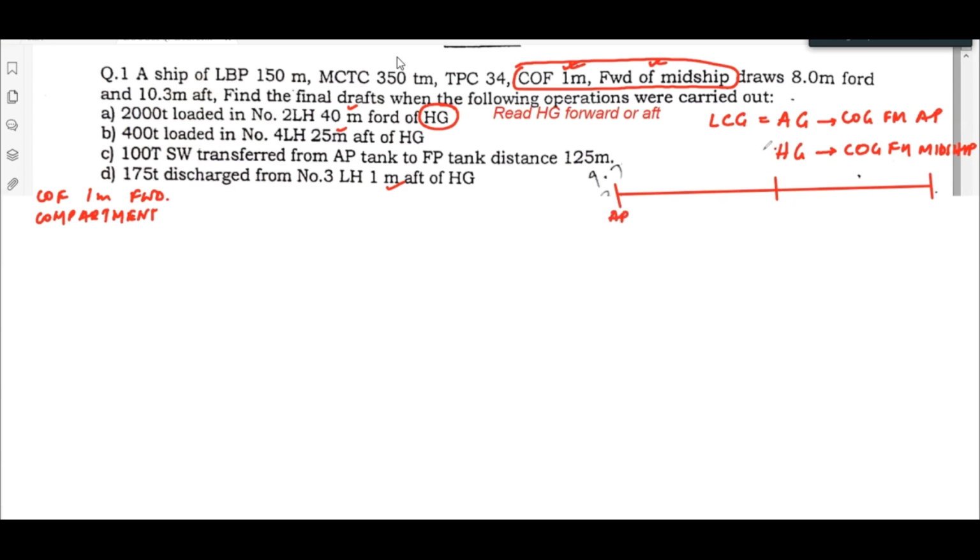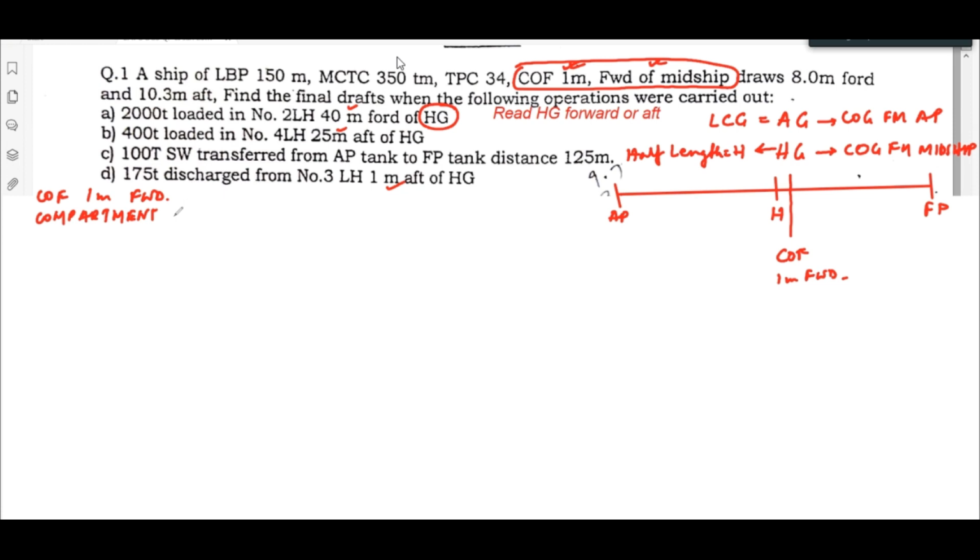Midship, we are calling it as H or half length. Now in this case, center of rotation 1 meter forward. So center of rotation is here.